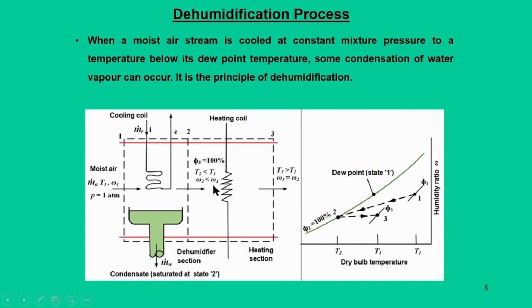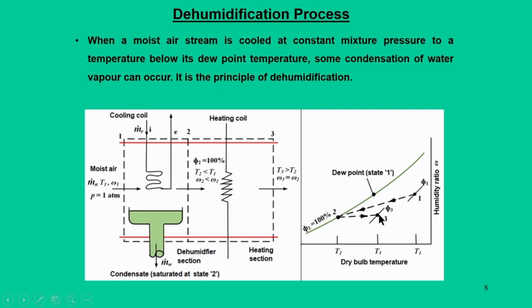Now, in that process we will be able to achieve the humidity, but we cannot control the temperature. So, we have to do some kind of heating or cooling coil. Here a cooling coil has been used, so that the temperature can be as desired, depending on state 2 and the final state.